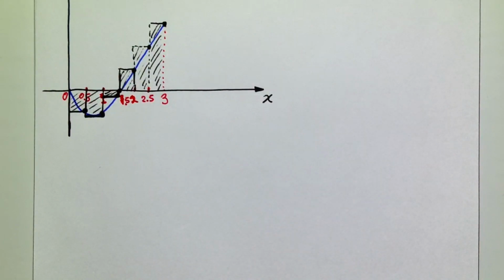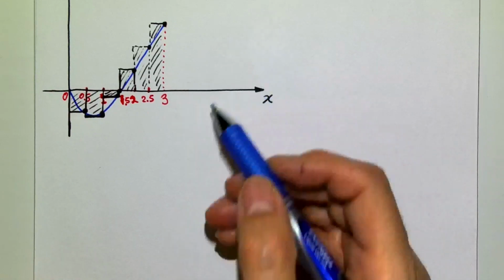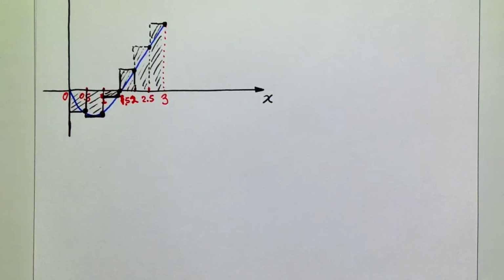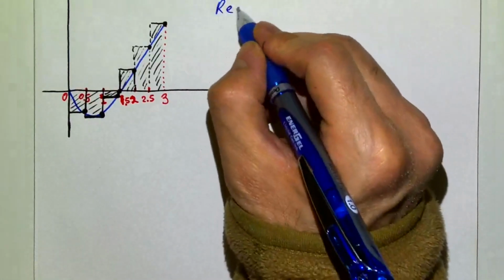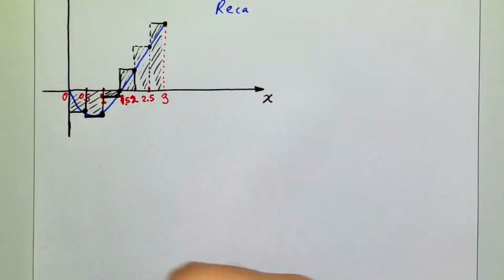Then the delta x, so the Riemann sum would be, let's just recall, and this is the solution.